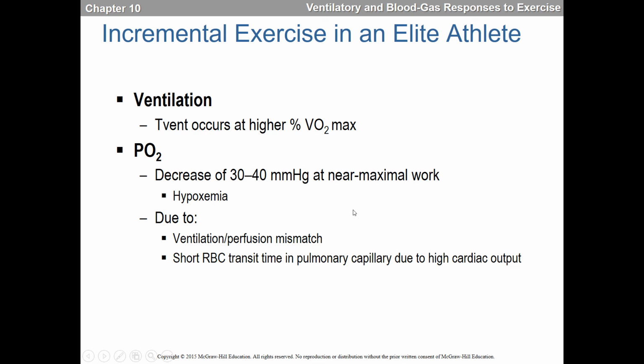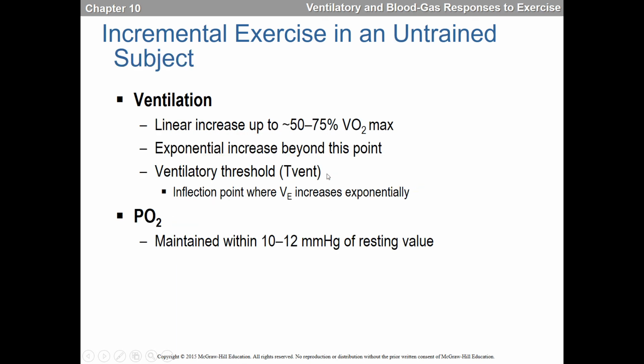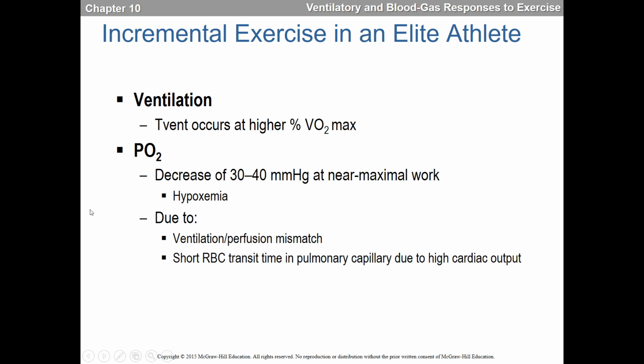Now, that's the untrained individual compared to an elite individual. So ventilatory threshold occurs at a much higher level of VO2 max, so much higher than 50, 75. So there's a PO2 decrease of 30 to 40 millimeters of mercury at near maximal work.